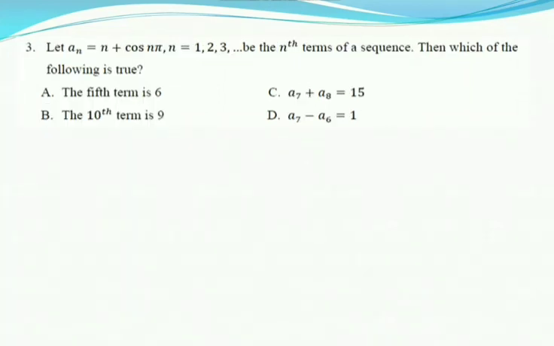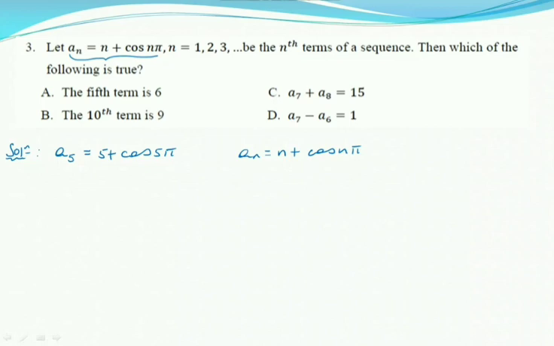Let a_n be n plus cos n pi for n from 1 up to infinity. Then which of the following is true? Now let's check each of the alternatives. The fifth term, say a5, is 5 plus cos 5 pi, because a_n is n plus cos n pi.